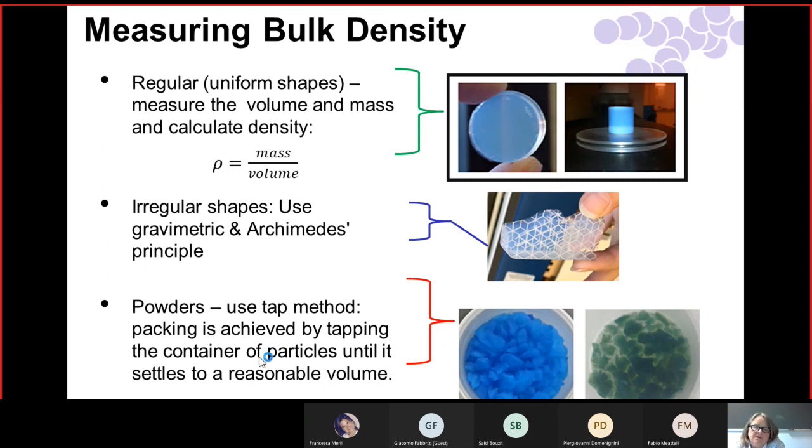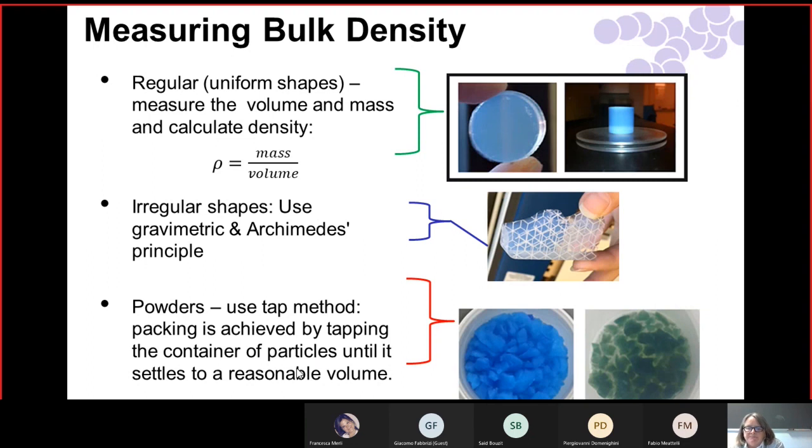density, we have to use the tap method, where we measure the mass of the material, and then use a graduated cylinder of some sort and tap, tap, tap till we pack it as best we can, until it settles.